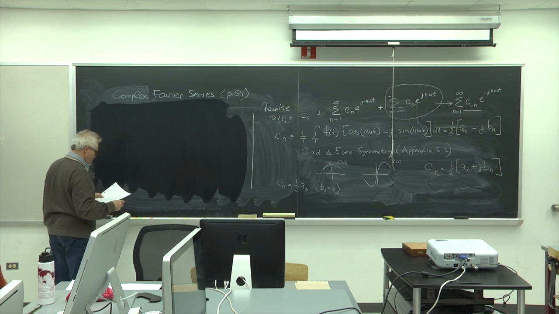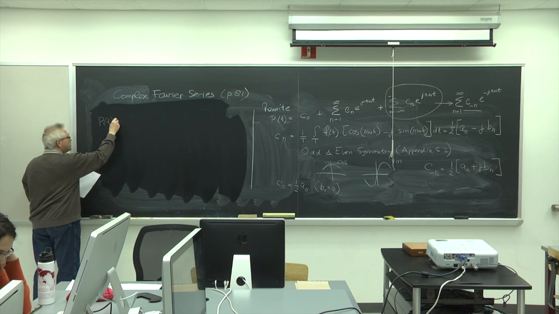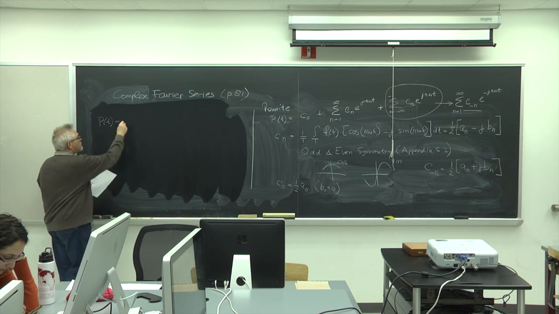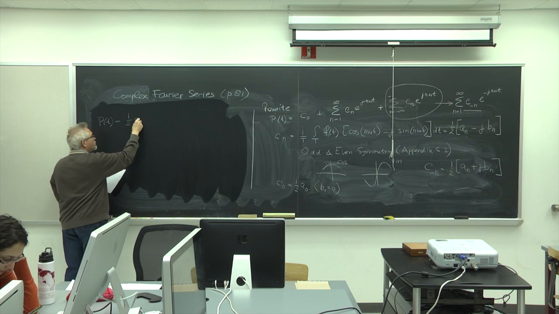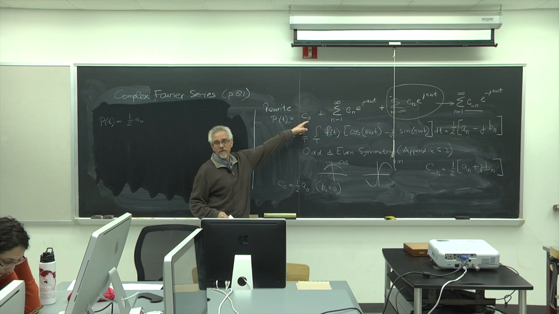Okay, now let's rewrite this thing. So now we had p(t) is 1/2 A naught, because C naught is basically 1/2 A naught, isn't it?